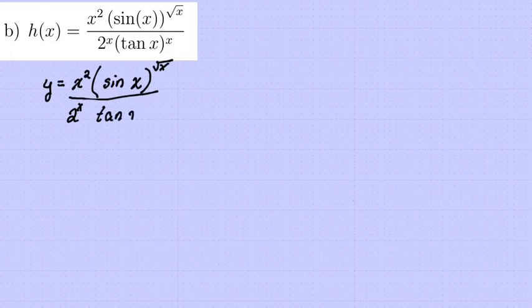Okay, so if I let y equal that, then I can take the natural log of both sides. And I'll just go ahead and apply laws of logarithms in that same step.